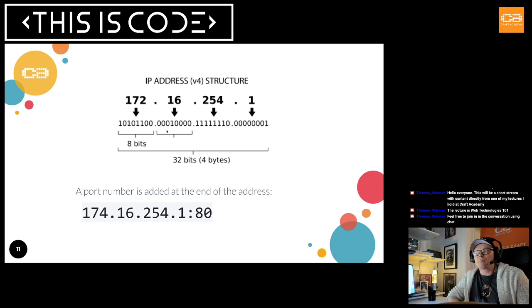And the port number is usually added at the end of the address, separated from the address by a colon. So one of the most common ports, like the front door, if we take the analogy of my house, is port number 80.